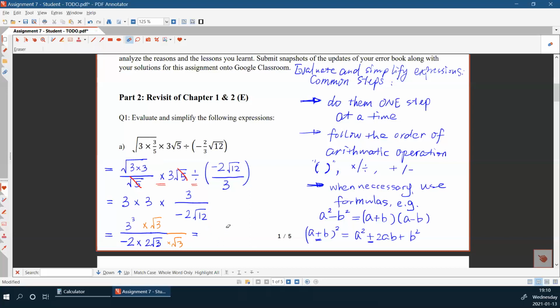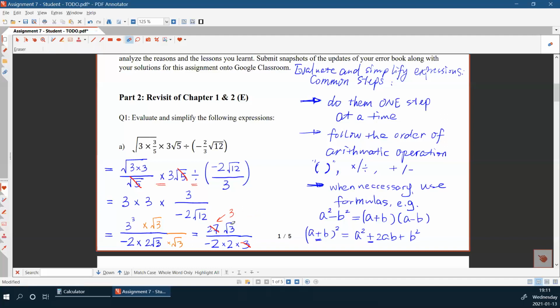okay, I'll just write 27 here. 27. Okay, minus 2 times 2 times 3, right? And then you can see that we can cancel a 3 here, because 27 is 3 by 3 by 3, right? So both of them have a factor of 3, so we can cancel one.